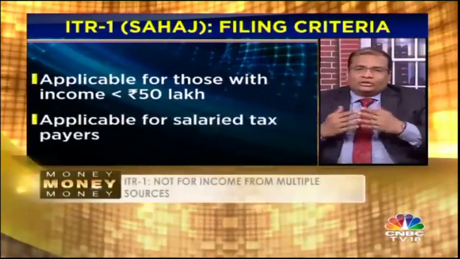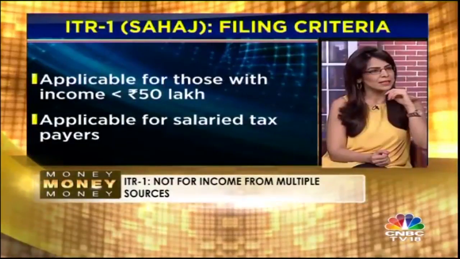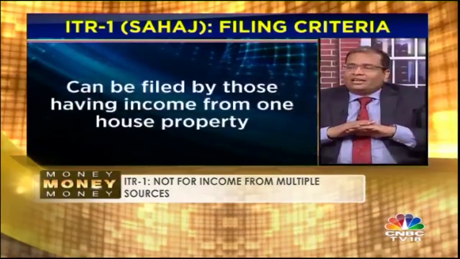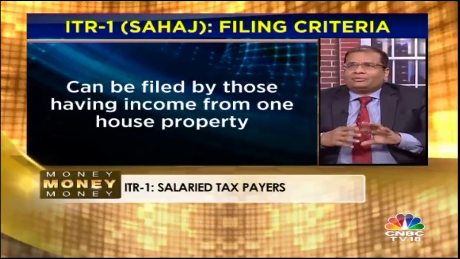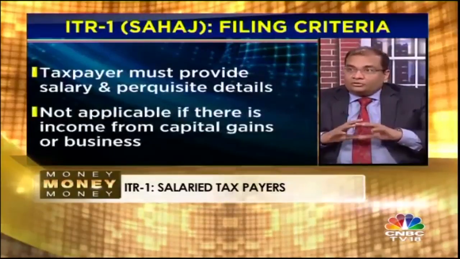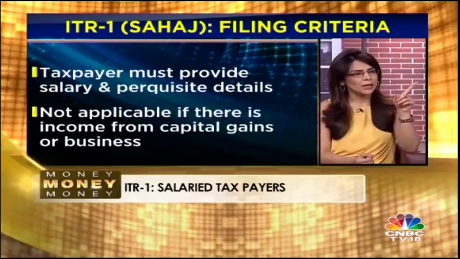It should not cover any foreign income, foreign assets. You are not claiming any capital gains in this category. No capital gains, no non-resident. So the return can be filed for salary income if you have one house property and some interest and other income. For them, it is the best suitable option, provided their overall income does not exceed 50 lakhs in one year.